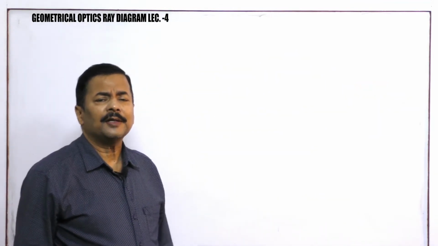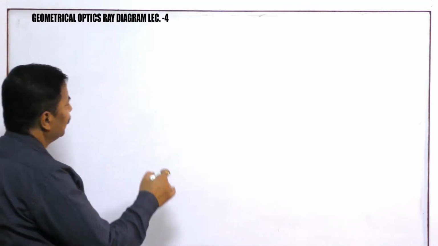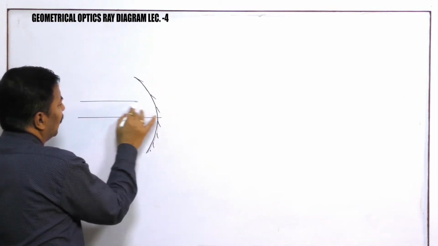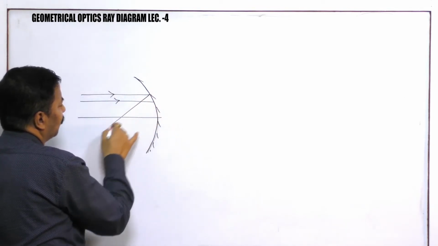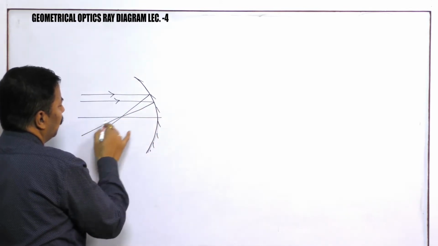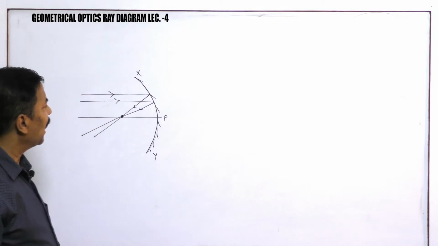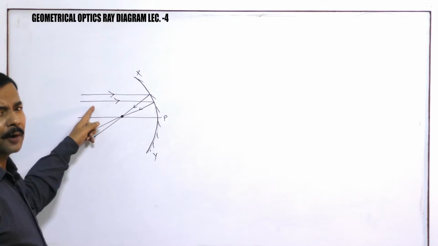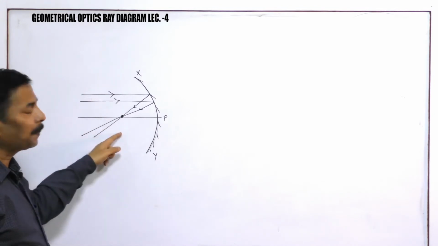Generally, focus is defined for the rays which are paraxial in nature, and I have discussed in the last class that the rays which are parallel to the principal axis, after reflection pass through the focus. Now it is not always that the rays are parallel to the principal axis. Here also it is coming from infinity, but it is possible that the rays are parallel but not parallel to the principal axis.